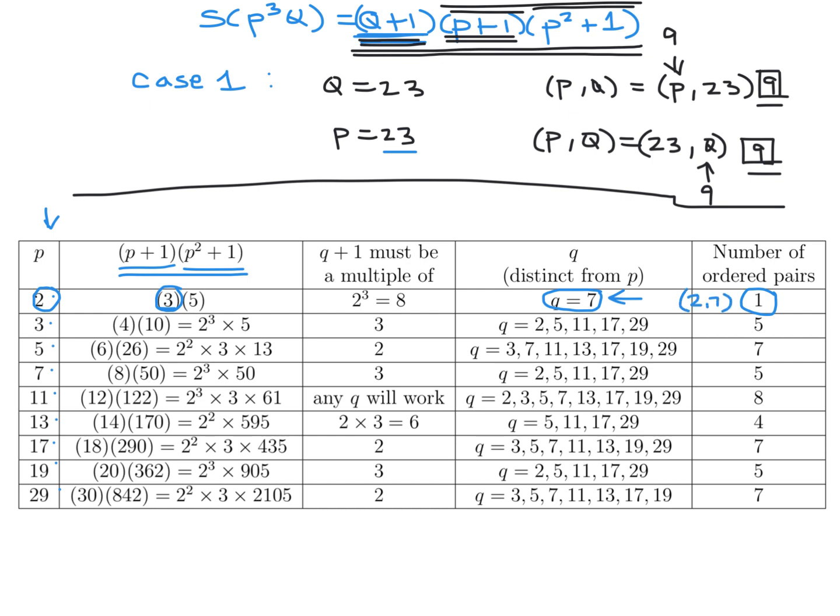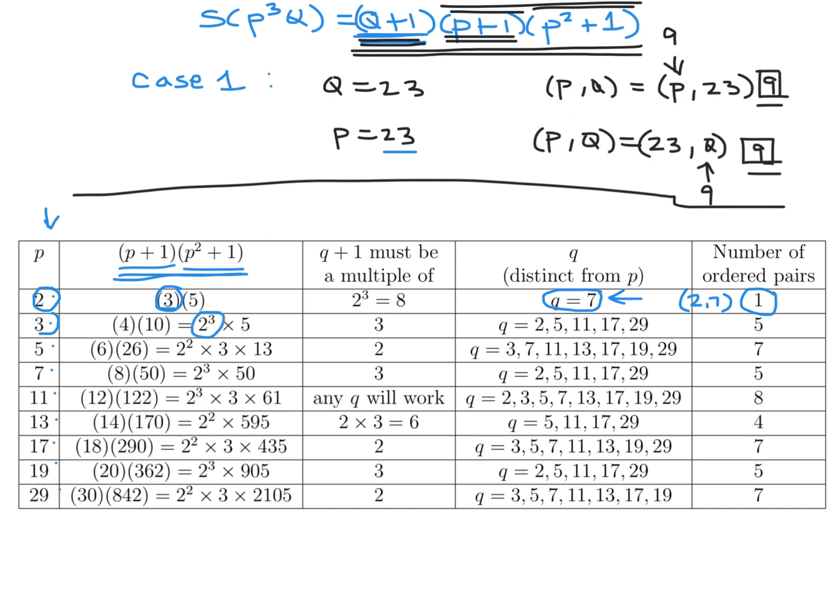And then similarly, you just go through it. When P is 3, what happens? Well, this expression becomes 4 times 10, which is 2 to the power 3 times 5, whatever. And then in order to get it divisible by 24, we need to make the other part of that equation a multiple of 3, because this is 8.